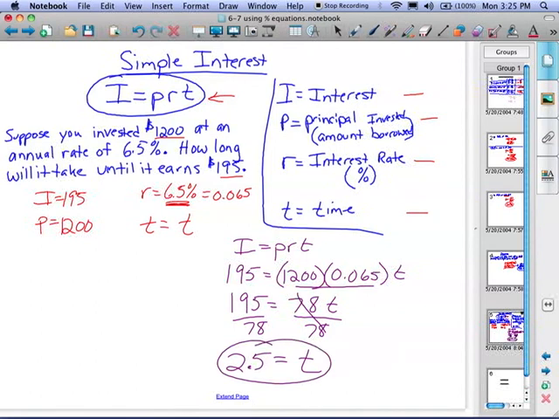Very important to know what that 2.5 represents. Does it represent days, weeks, months, minutes? It represents years. And I know that it represents years because when we read the original problem, suppose you invested $1,200 at an annual rate of 6.5%. The word annual rate tells you that it is a yearly amount.